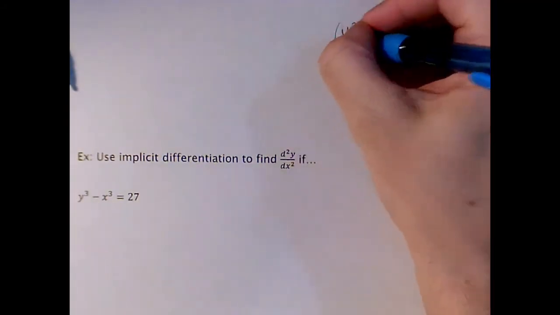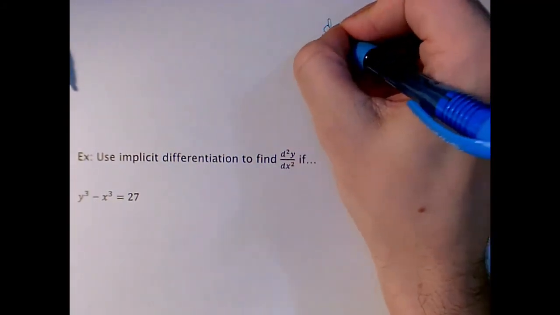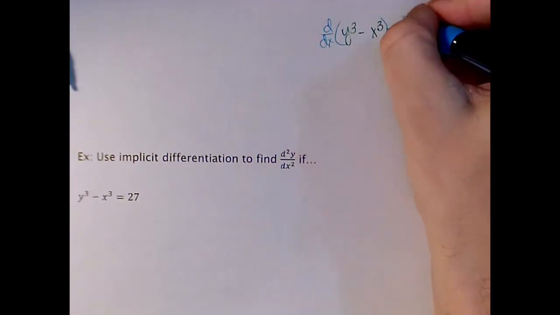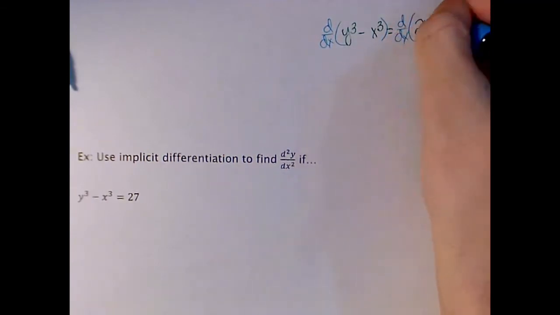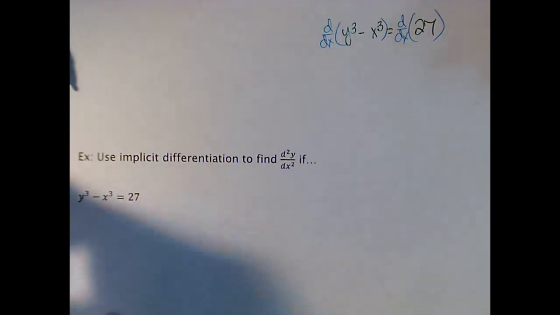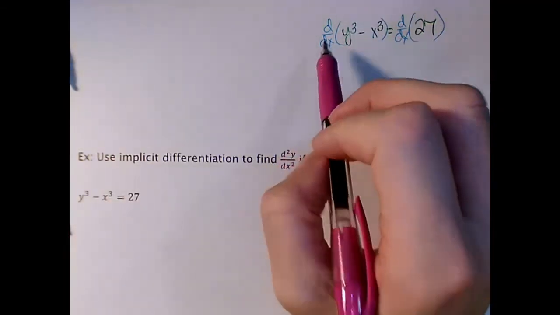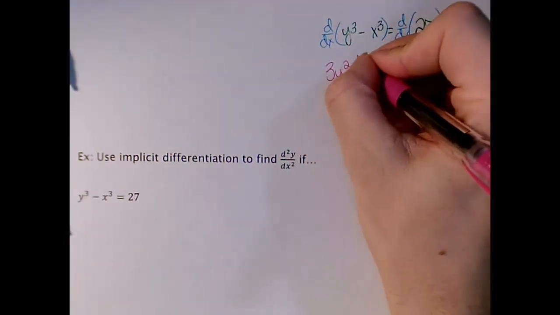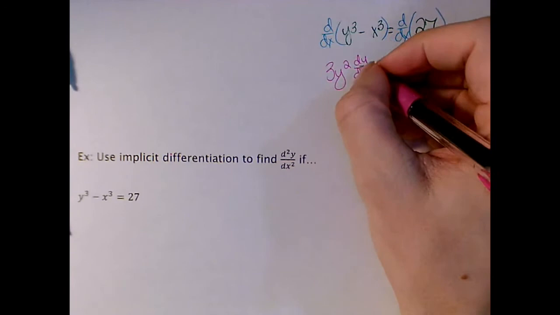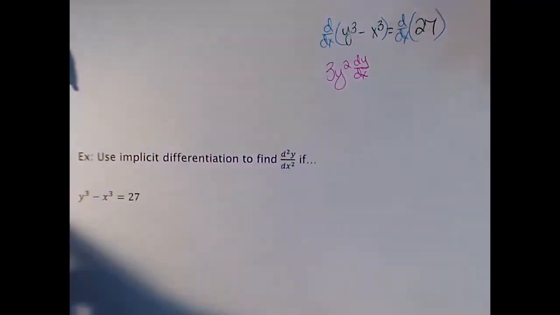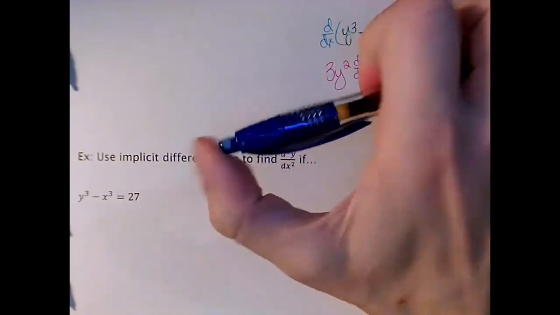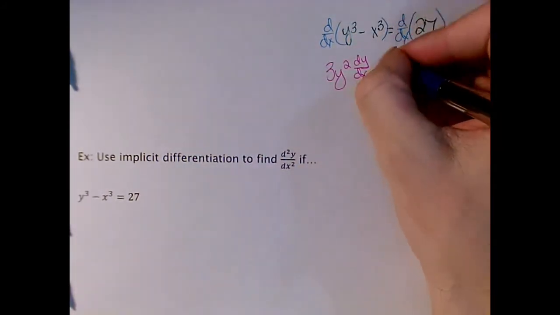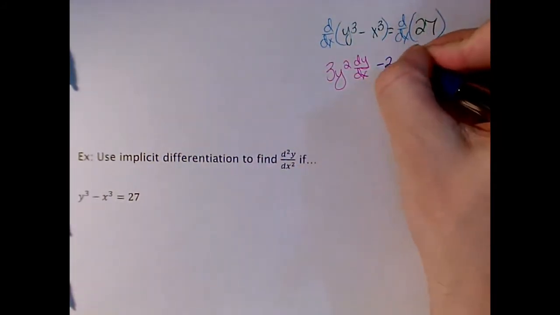And let's d/dx both sides. The derivative of y cubed with respect to x is going to be 3y squared dy/dx, because we're taking the derivative of a y with respect to x, minus the derivative of x cubed with respect to x, which is minus 3x squared.